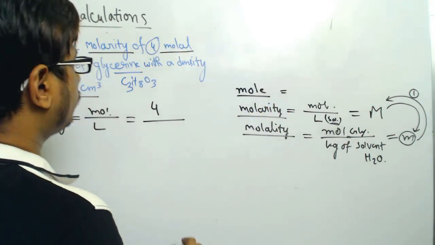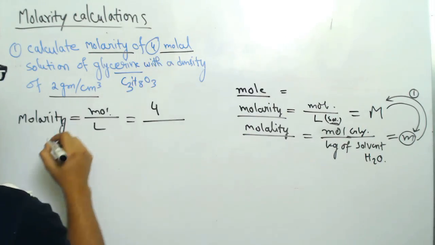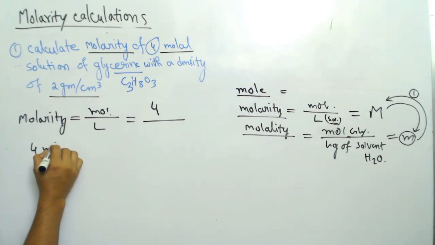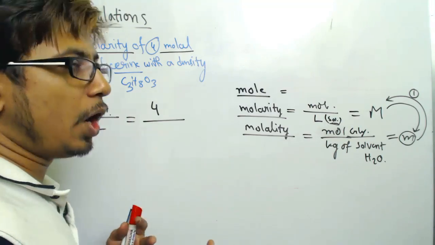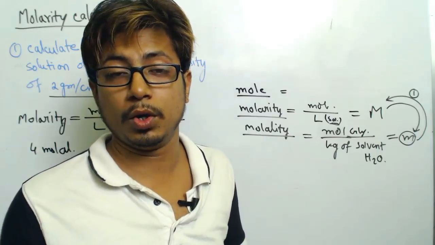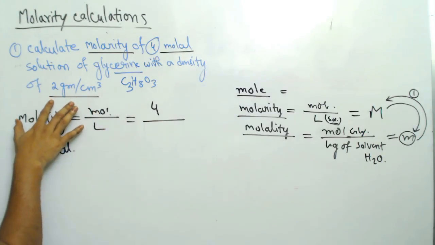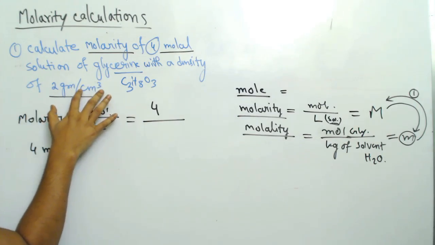So how do we get this idea? First of all, we can say 4 molal solution. 4 molal means how many grams of glycerine? We don't know, because the density given here is gram per cubic centimeter.